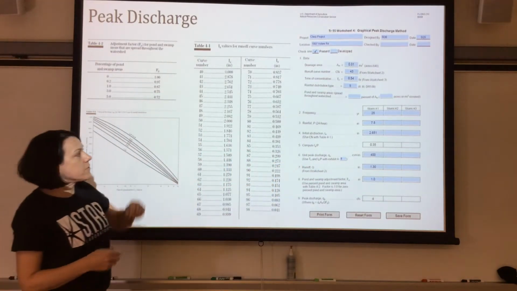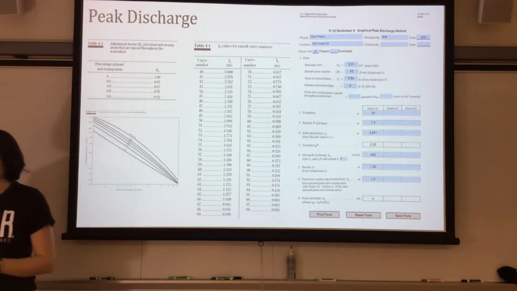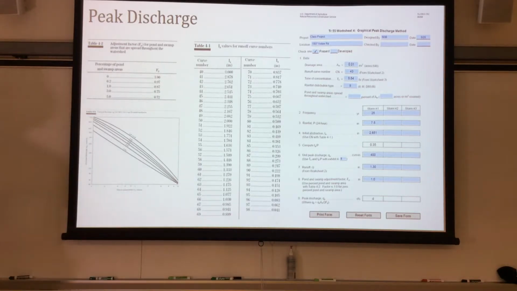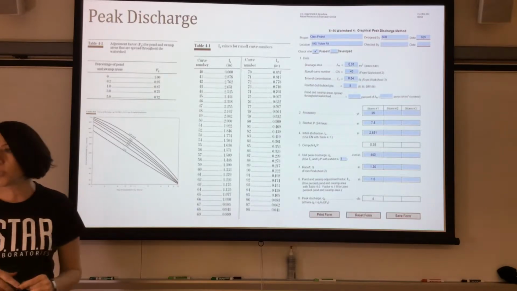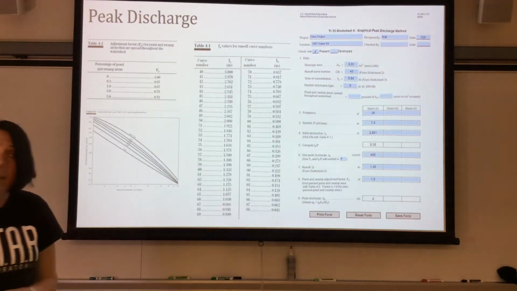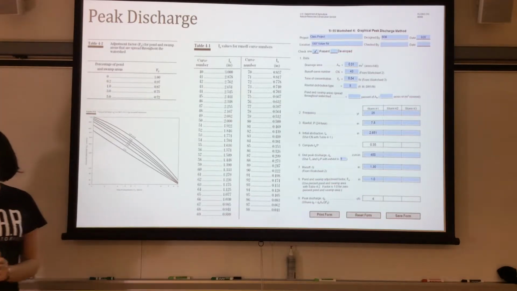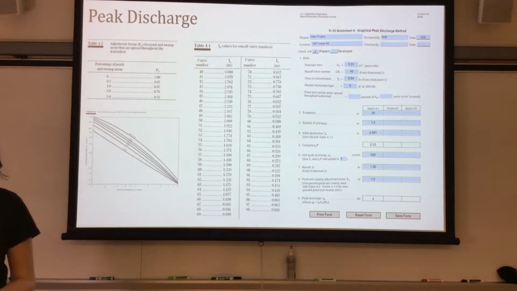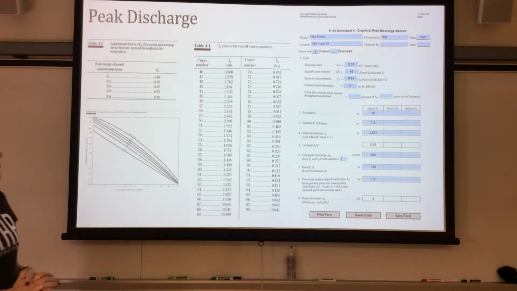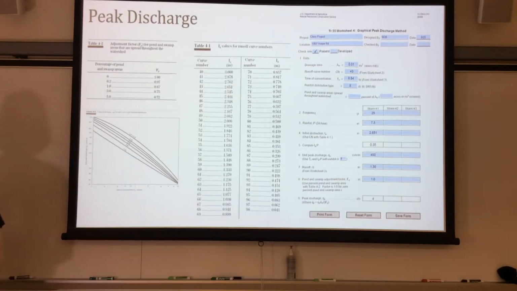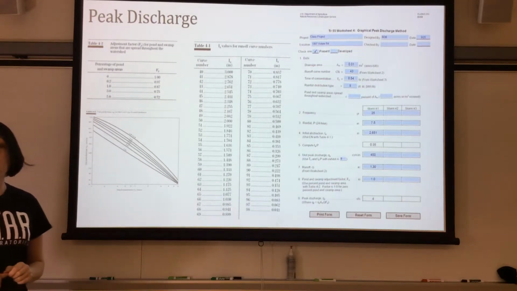The curve number comes from the previous worksheet, the time of concentration comes from the previous worksheet, and then it asks what type of storm event. Remember, here in Florida, we're type 2. They can have modified type storms, and when we get to the Civil 3D storm and sanitary analysis, they do have a modification for Florida.